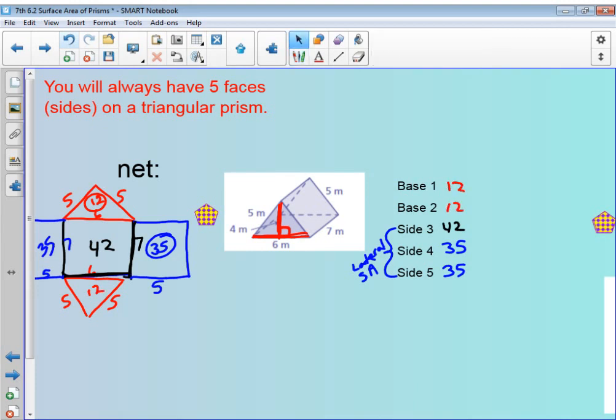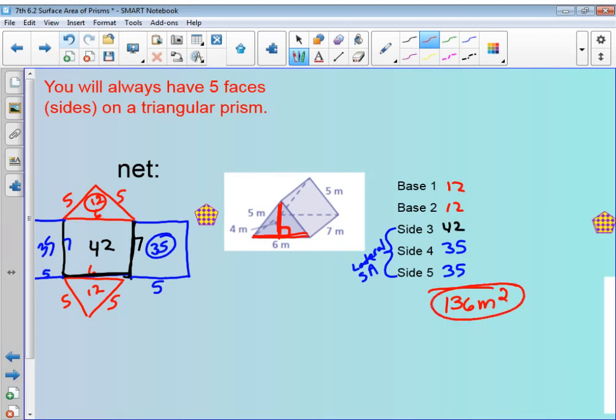Okay, so now I'm going to go ahead and add all of these together. 12 plus 12 plus 42 plus 35 plus 35 gives me 136. Dimensions are meters, and it's squared because it's surface area.